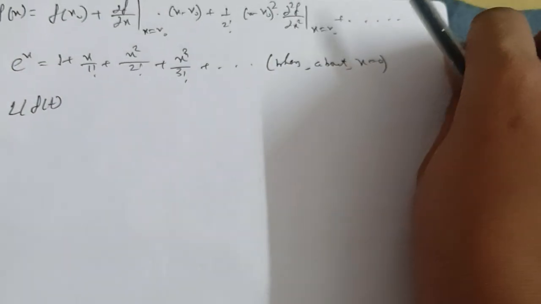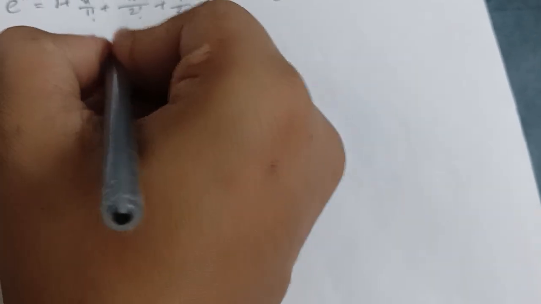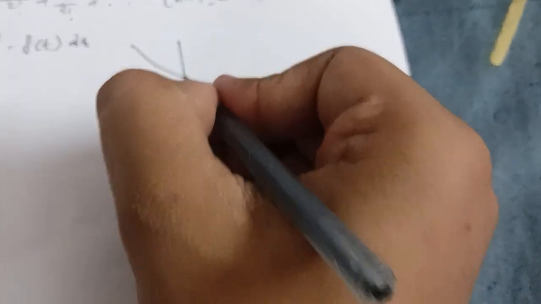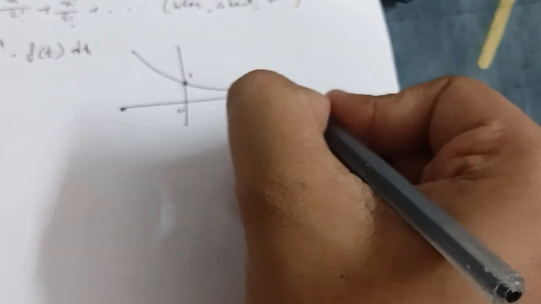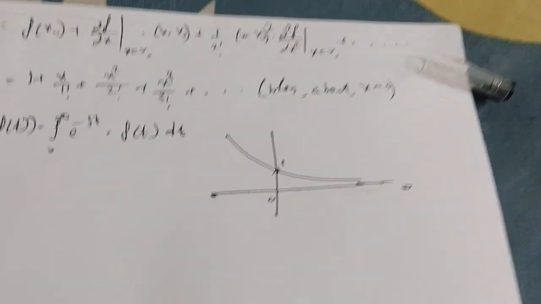If we see our Laplace of f of t, it is the integral from 0 to infinity of e power minus st times f(t) dt. What does e power minus st look like as a graph? At 0 this value is 1, and till infinity it goes to 0.